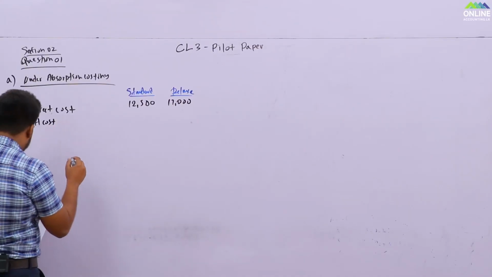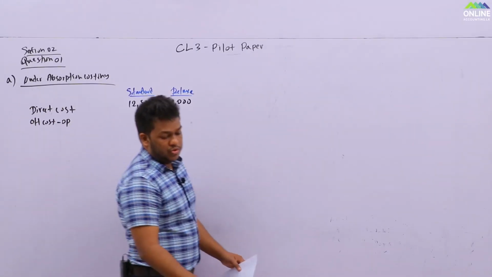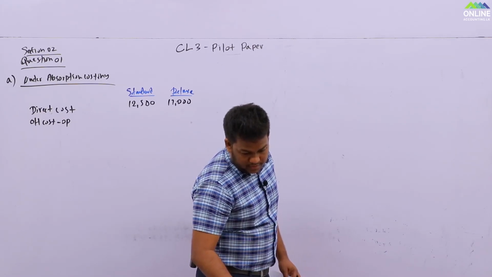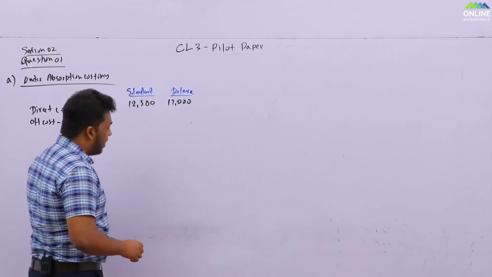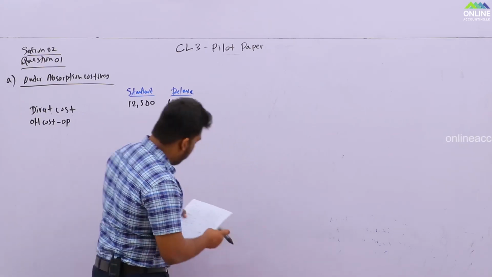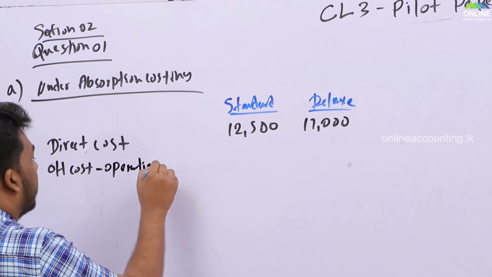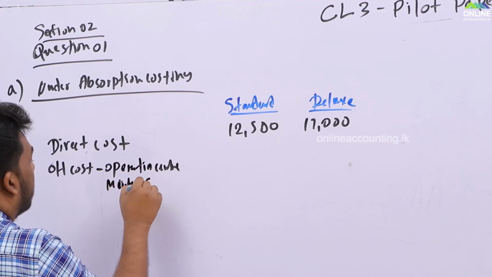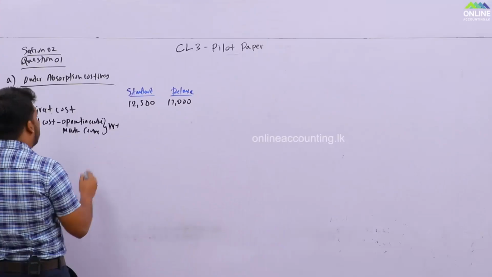For overhead cost you have 2 divisions: operation center and maintenance center. So we have to calculate this in a working.